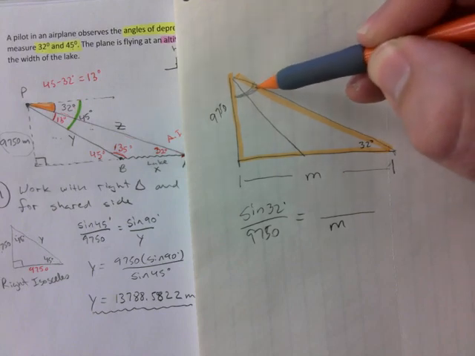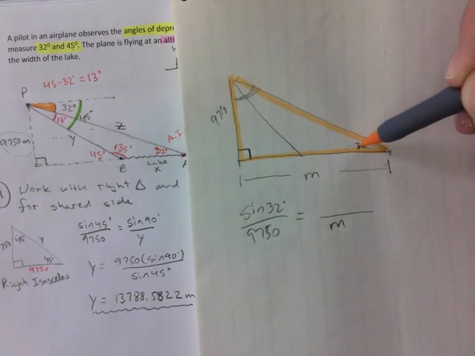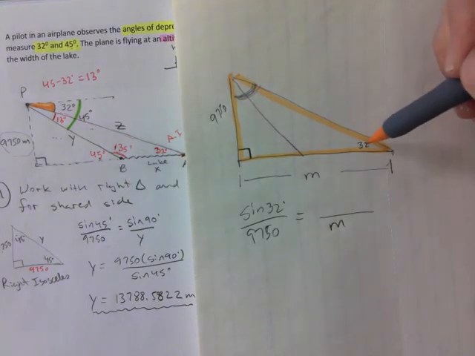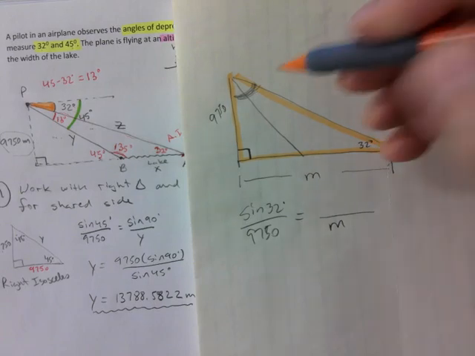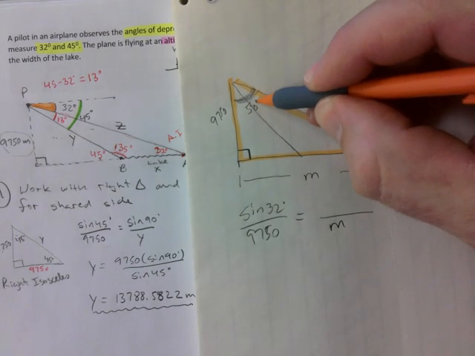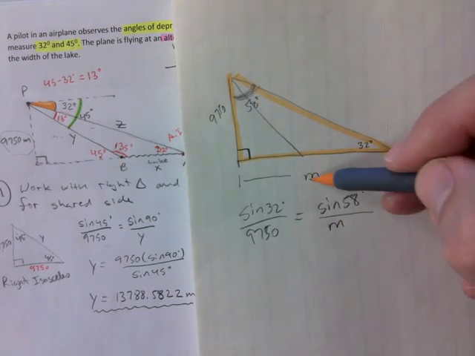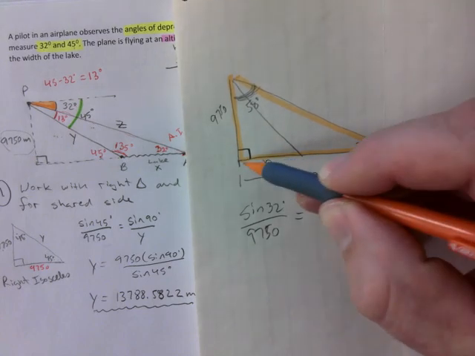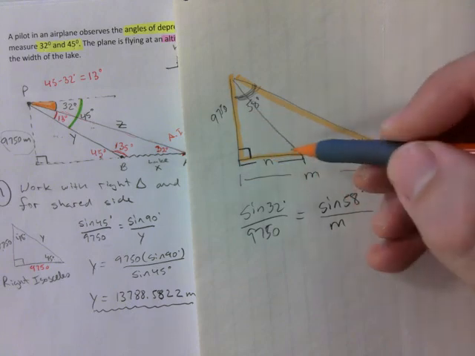How would you find it? Well, if this is 90 and this is 32, you can easily find this. You just subtract this from 90. What are we at? 58. This is 58. So you would use sine of 58 over M, solve for M, and then later zoom in to N, then work with this little triangle.